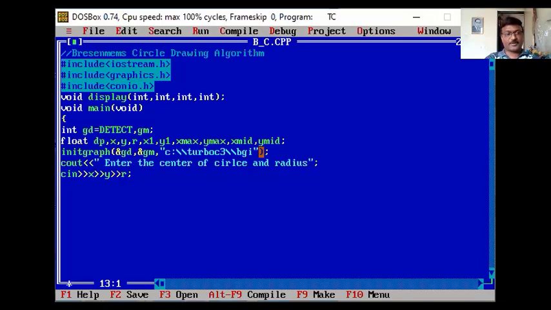Suppose x max is equal to get max x, then y max is equal to get max y, okay, then x mid is equal to what? x max by 2, y mid is equal to y max by 2. Means in 2-3 programs suppose you are writing, so regularly you can recall it.